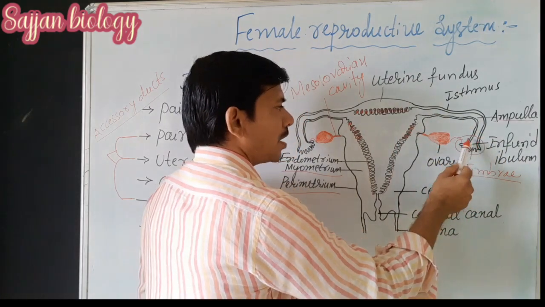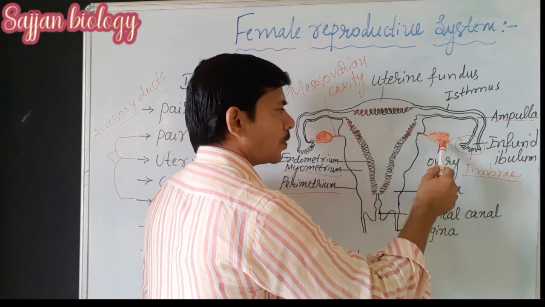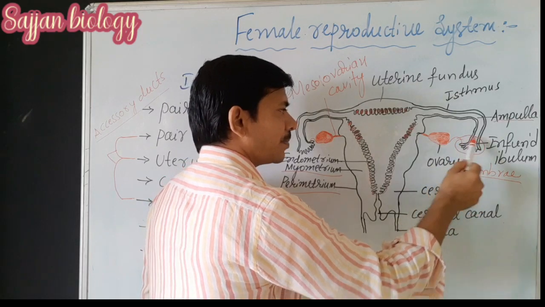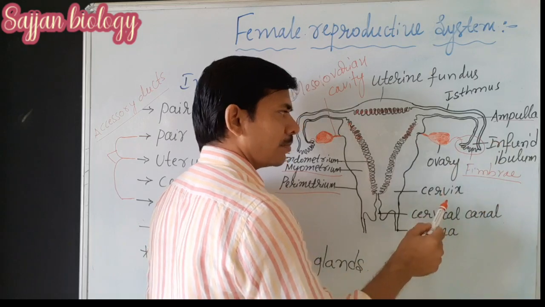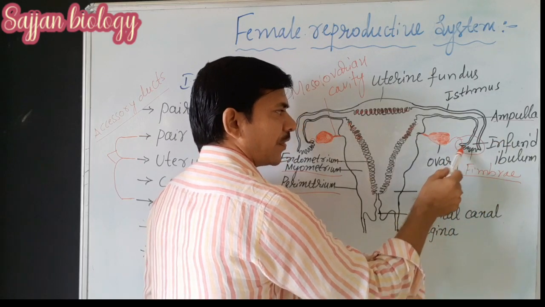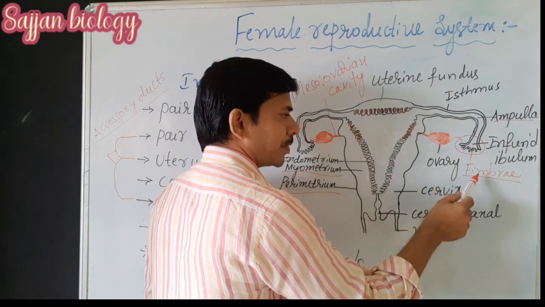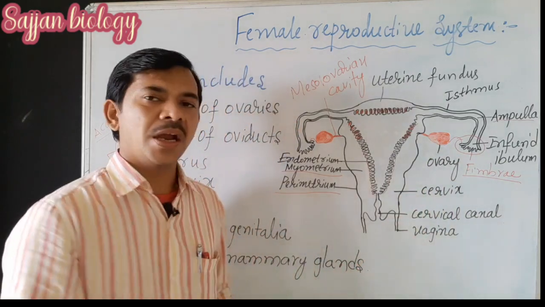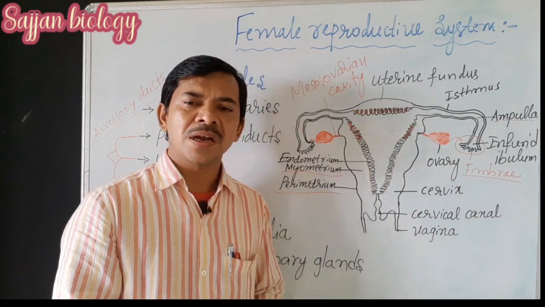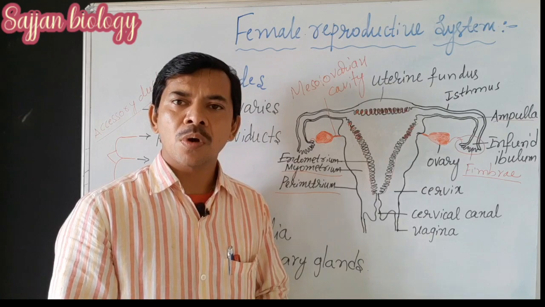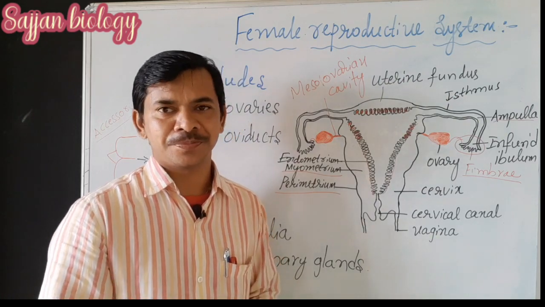The part which lies very close to the ovary, which is funnel shaped, is called the infundibulum, and it shows finger-like projections at the tip called fimbriae. The function of the fimbriae is to receive the ovum during ovulation.